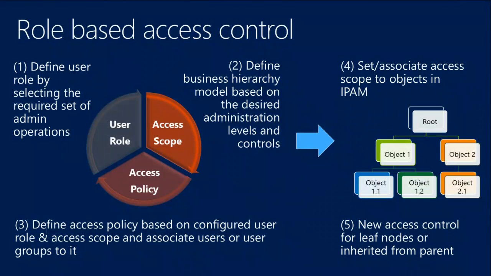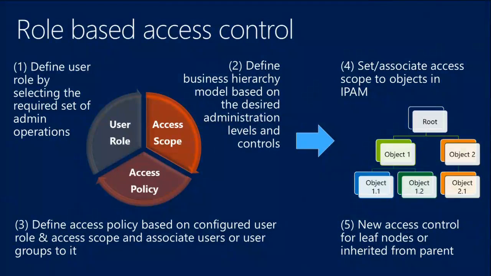Now you bring in a user identity, so an actual user of the system, tie the user role and the access scope together, and that forms an access policy. And that's the third step out there. You define an access policy which ties the set of operations, which is the user role, the administrative boundary, and then the actual user identity to whom you're delegating permissions.